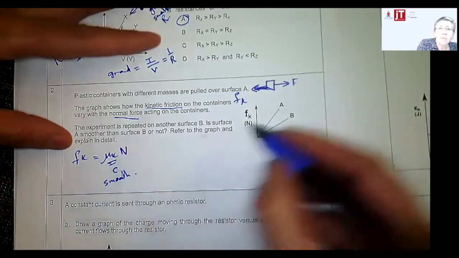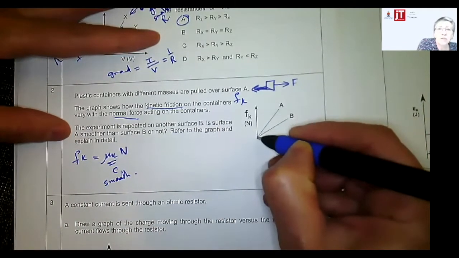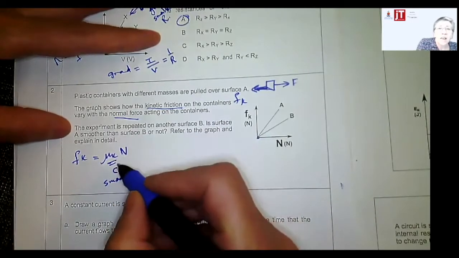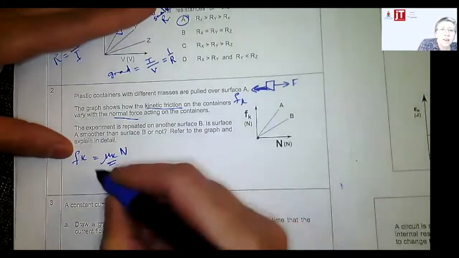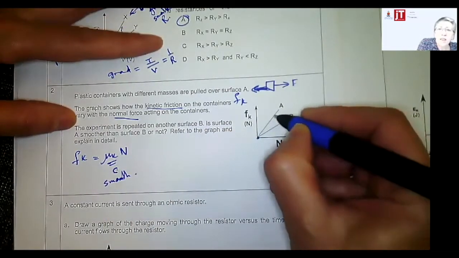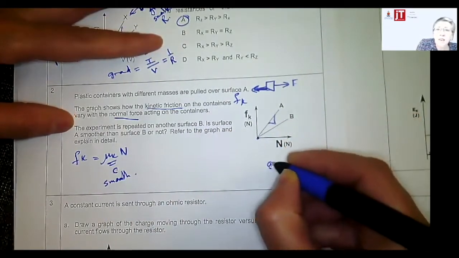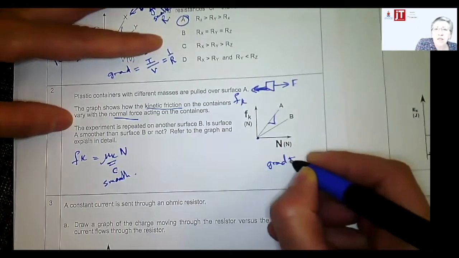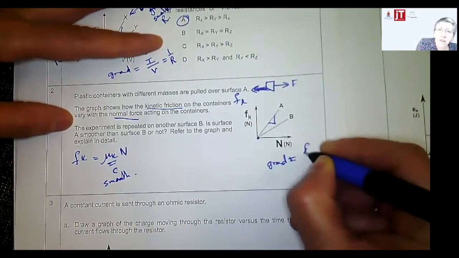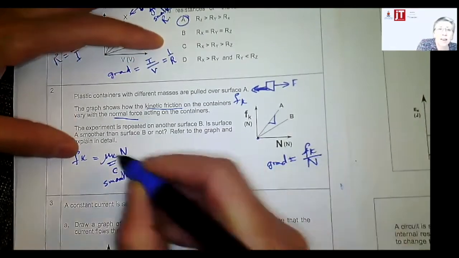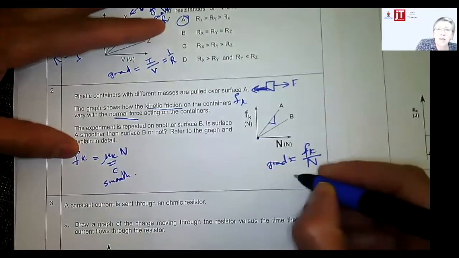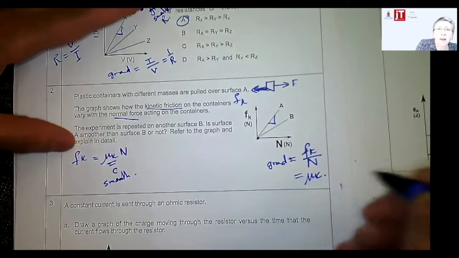They're directly proportional. So you get a straight line through the origin, but the bigger the mu, the bigger the gradient, because how do you work out the gradient over here? The gradient would have been a change in fk divided by normal, and fk divided by normal, that will be mu k, right?